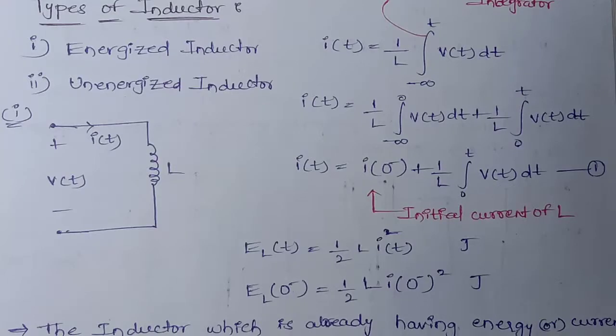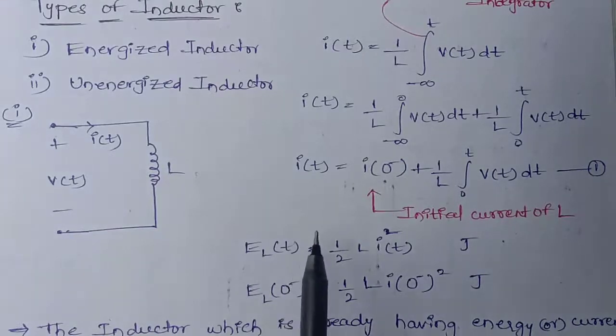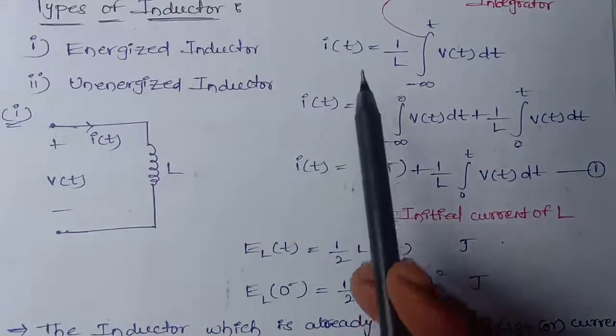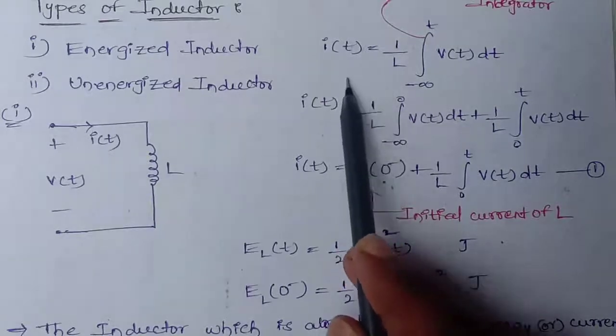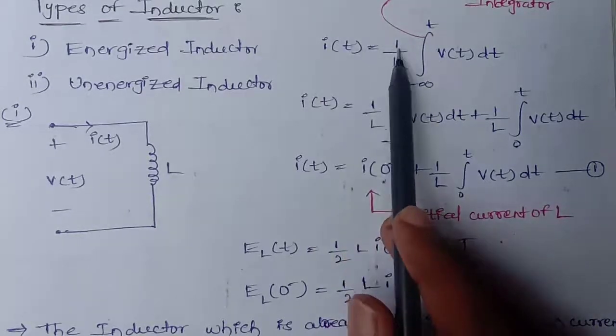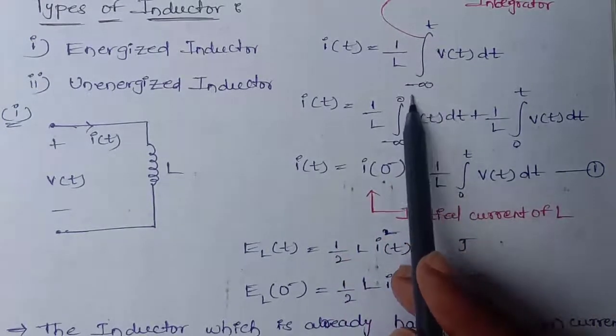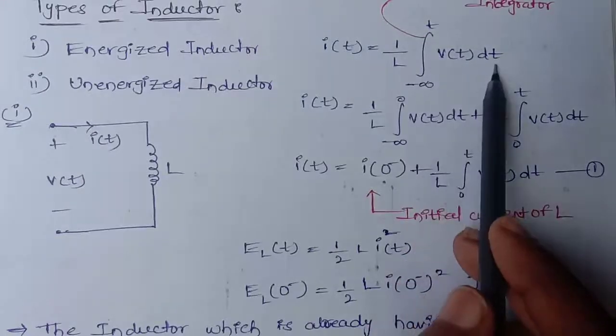So what is meant by an energized inductor? The inductor which is already having energy or current is called an energized inductor. From the previous lecture, we already know that the current expression of the inductor is i(t) = 1/L integration from minus infinity to t of v(t) dt.